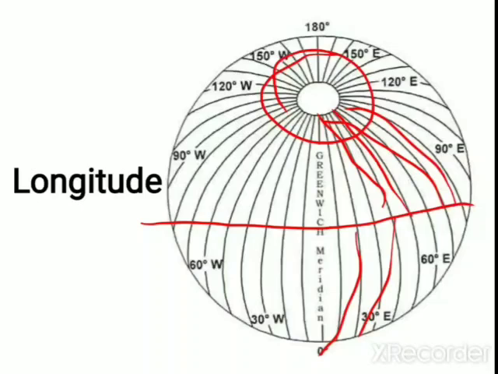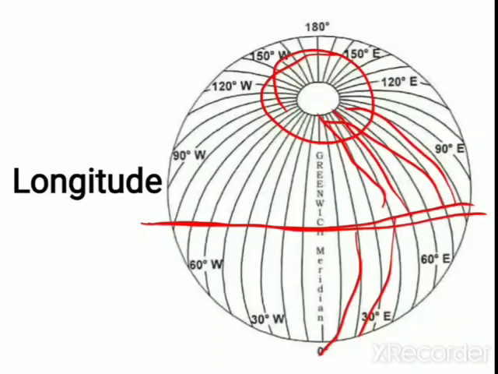Hence the distance of 111 kilometers for 1 degree longitude is maintained only at the equator. So only at the equator all the longitudes will have the same distance, but as it gradually moves towards the poles, it starts decreasing.